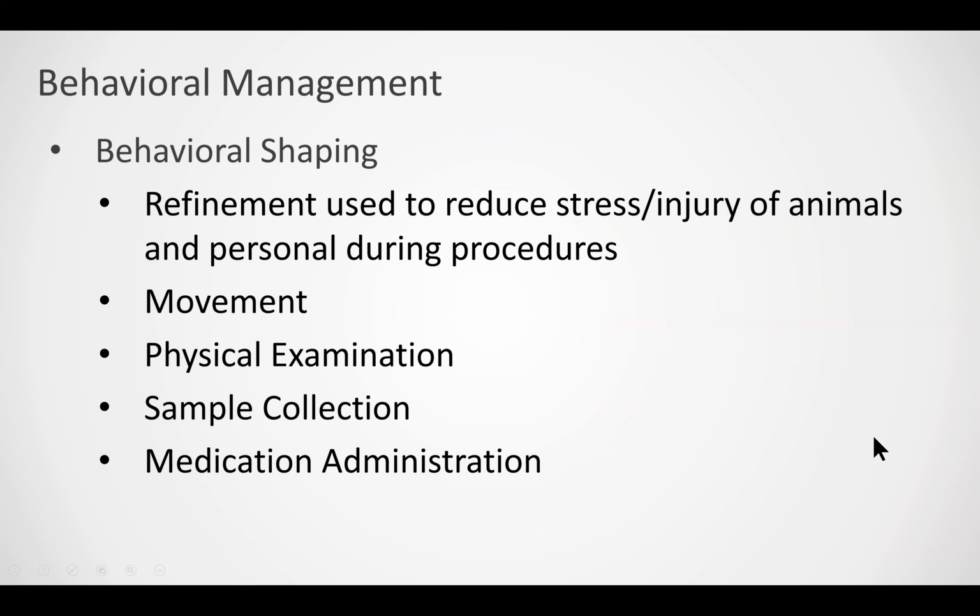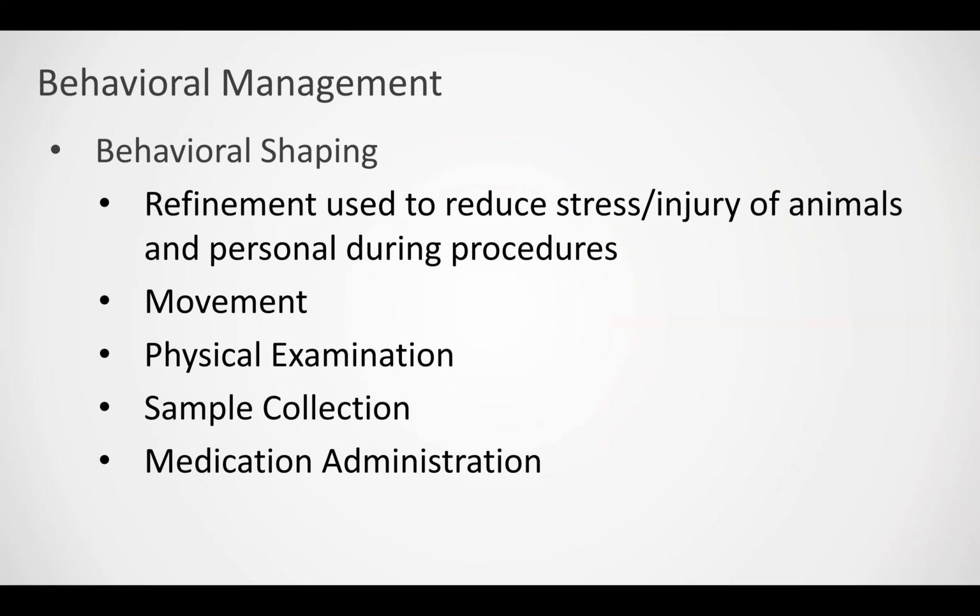Behavioral management. This is another part of a concern, especially in non-human primates. It's something that in zoo settings, they take very seriously also. And it's something I think to think about because one of the parts of that is behavioral shaping. Shaping is a refinement, and it's used to reduce the stress or injury of animals and personnel during procedures.